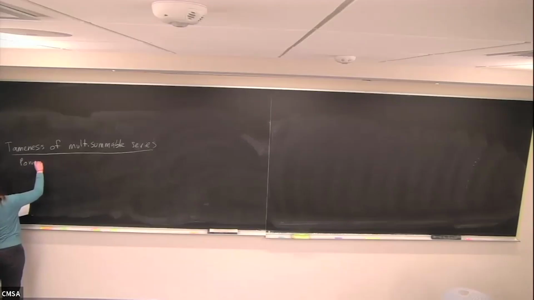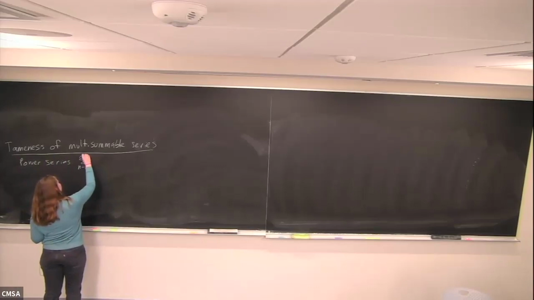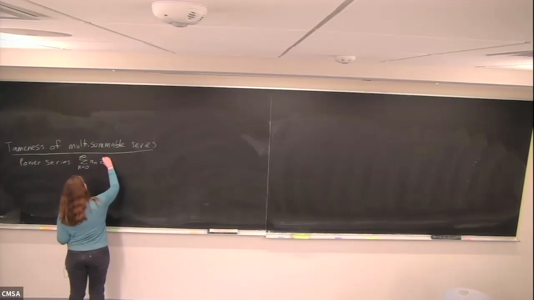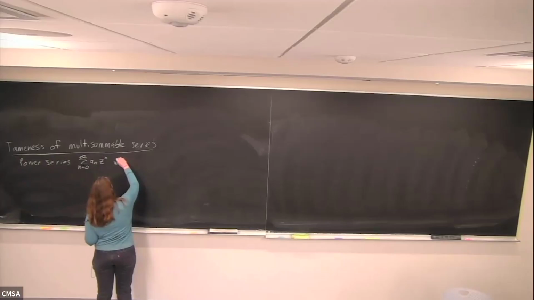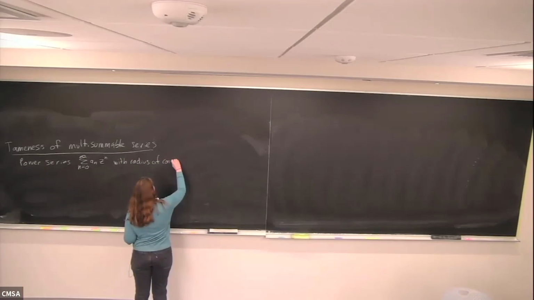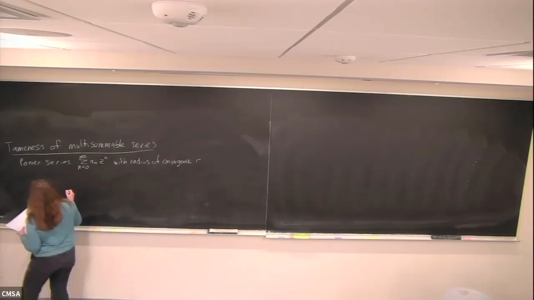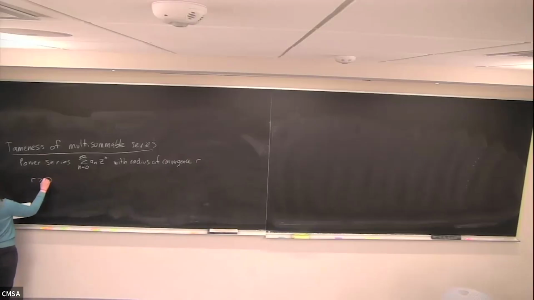So let's say you have a power series with radius of convergence r. Now if r is positive, then your series will converge on a disk of radius r, or on the whole plane if r is infinity, and it will define an analytic function in the disk.